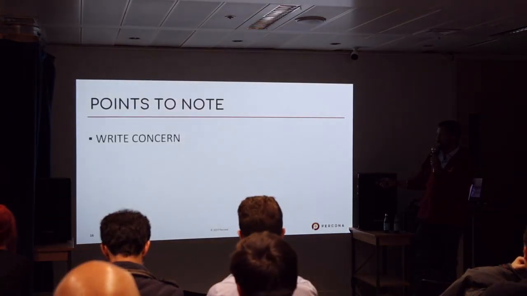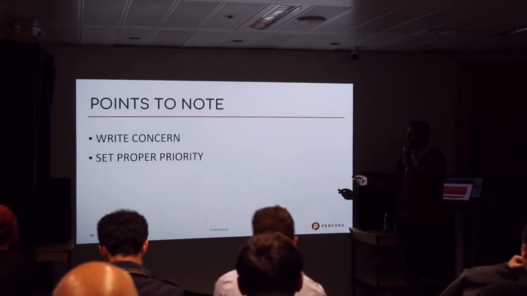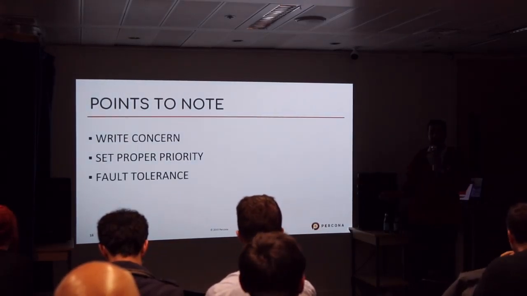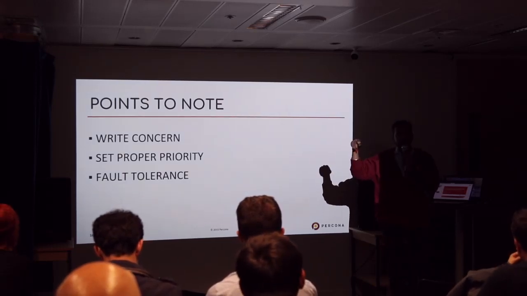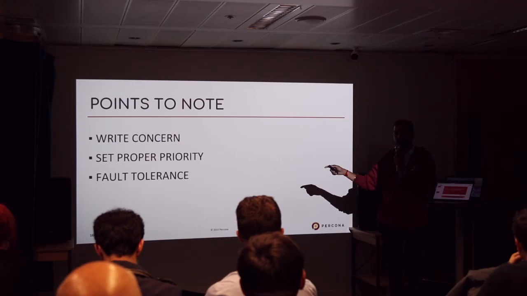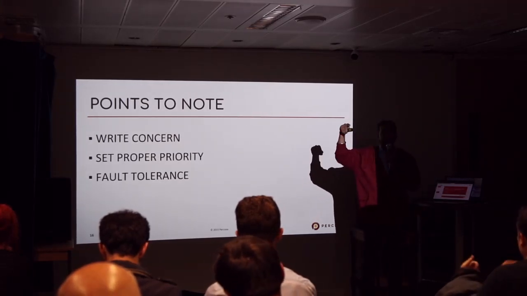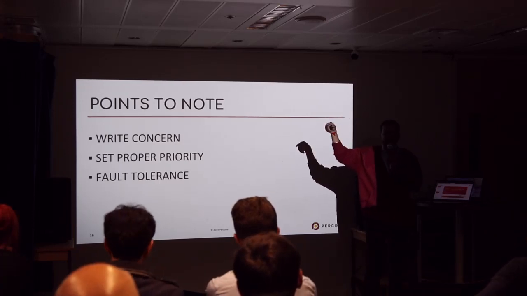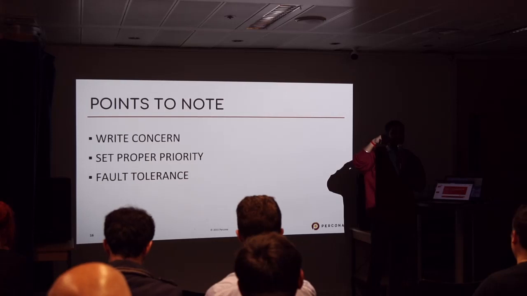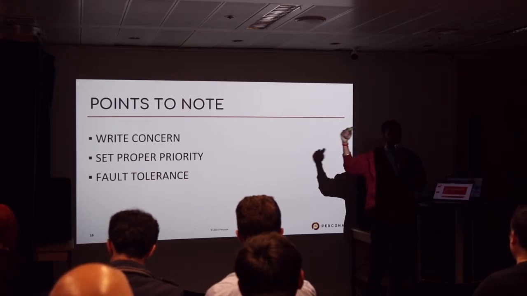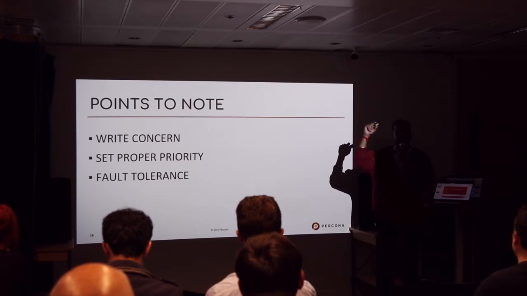Again, I talked about write concern. Now set proper priority. Whenever a failover happens, you need to have priority properly set. In this case you have 2 secondaries, your election is going on, your primary is down, and one secondary has priority 10 and another has 5.